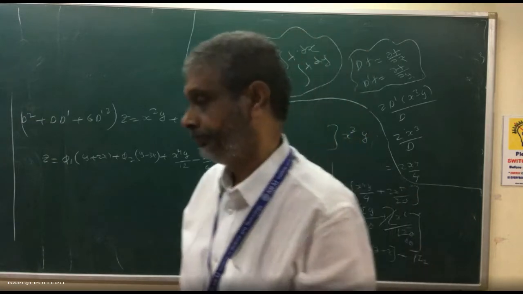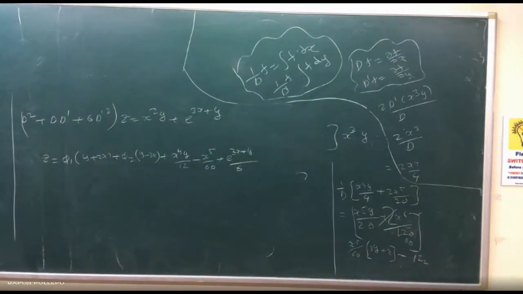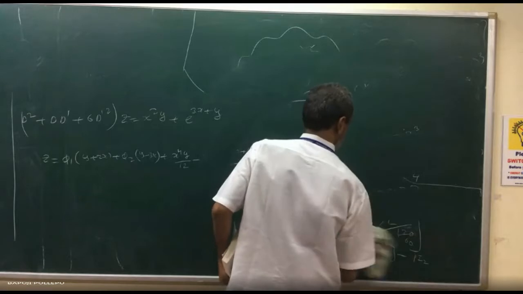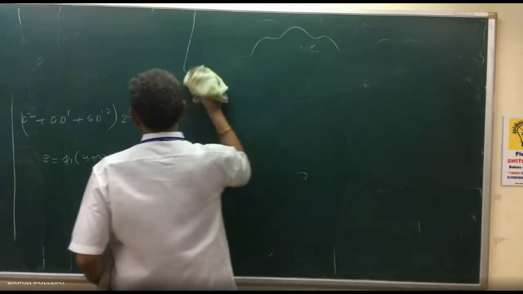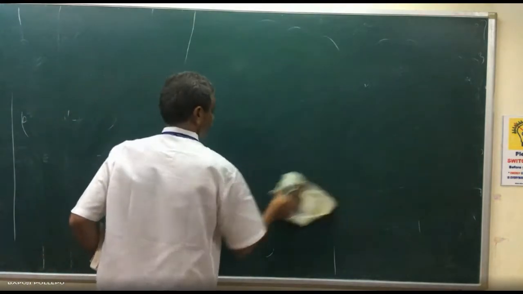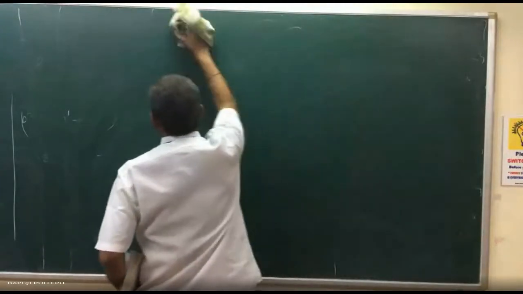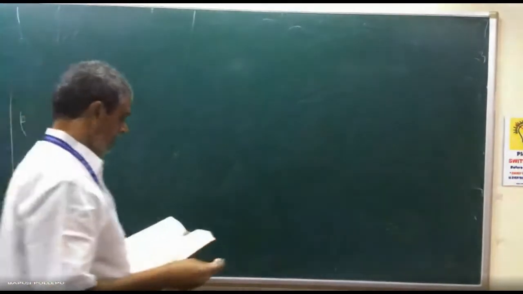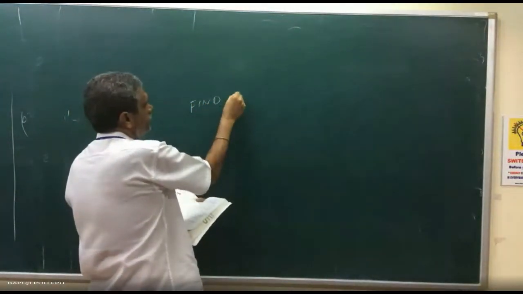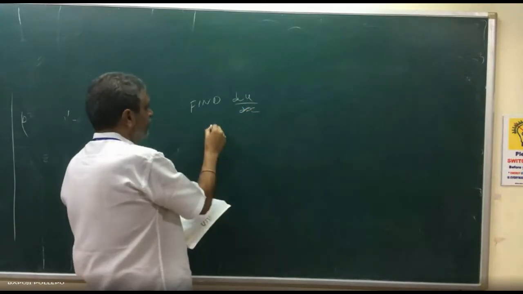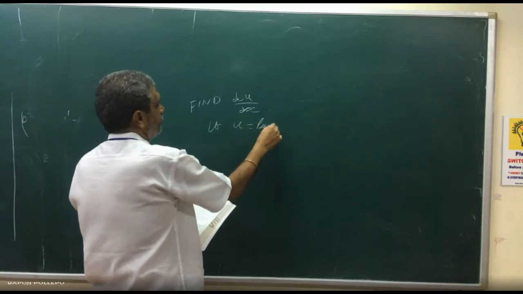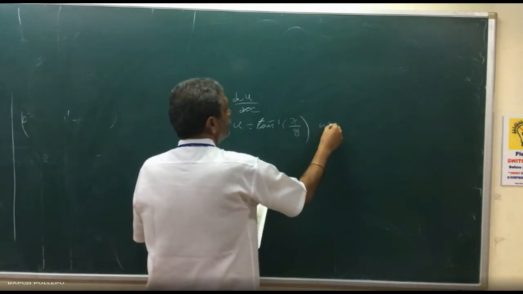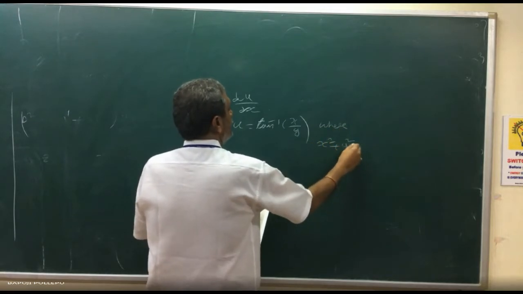Now we can see. Find du by dx if u is equal to tan inverse x by y, where x square plus y square is equal to a square.